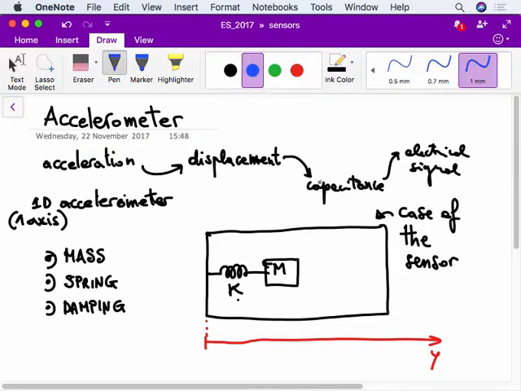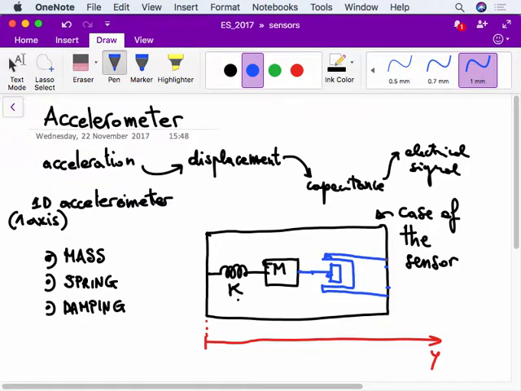A mechanical way of representing the damping is with an oil piston, but this is just a symbol. It's just a classical mechanical analog of a damping system.